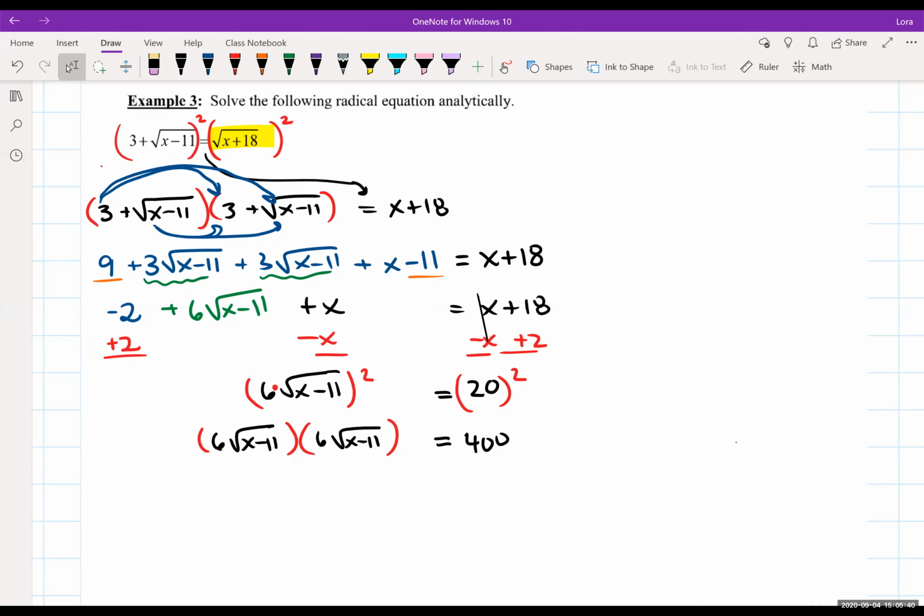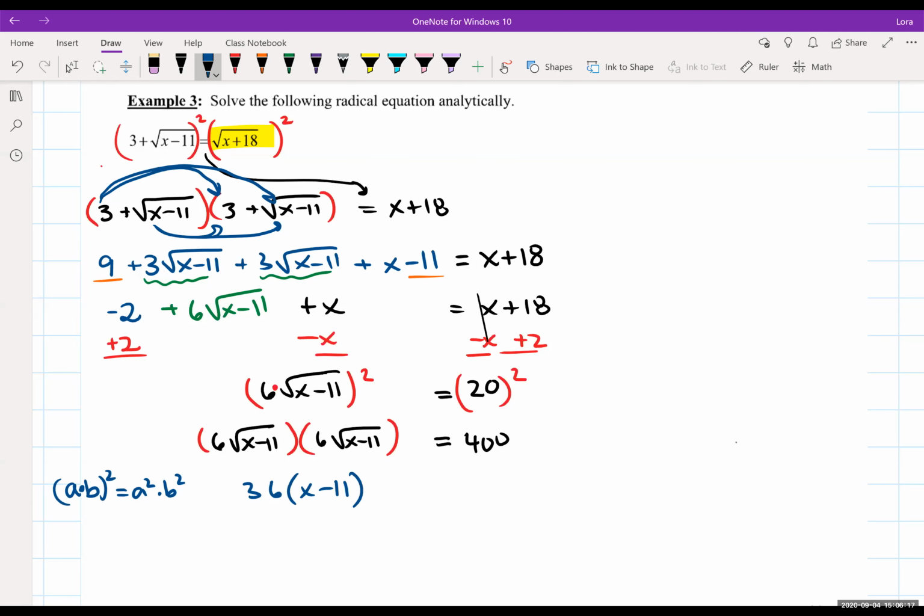So when you multiply these, this is not a FOIL issue like we had previously above. You really end up saying this is 6 times 6, which is 36, and square root of x minus 11 times square root of x minus 11 is just x minus 11. So you could skip the intermediate step. This is the idea of having a factor squared, where you pretty much raise each factor to the power of 2. So that's one way to approach it.